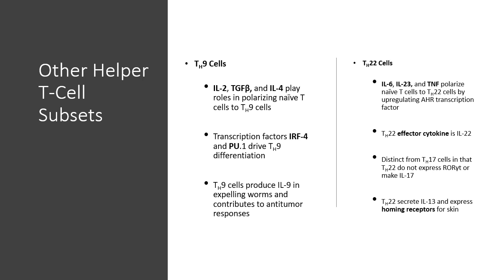There's a couple other smaller subsets of T cells that you can actually encounter. These include the Th9 cells and the Th22 cells. I am not going to ask you questions about these. You can eliminate them from your study list. Know that they exist, but beyond that, they're still relatively new and relatively small subsets of cells, and their roles are a little bit less clear.